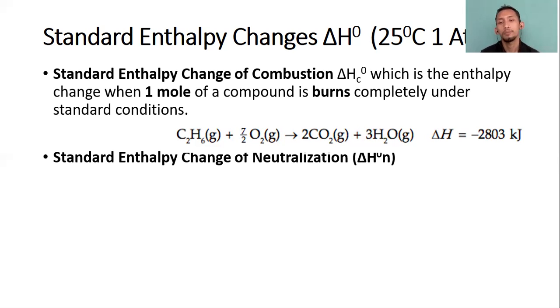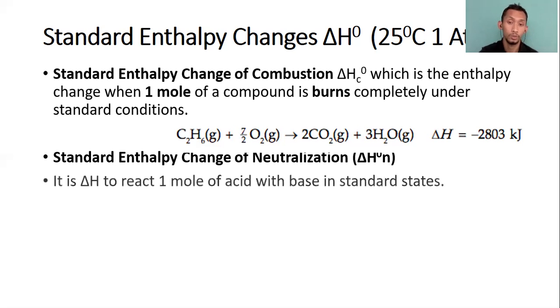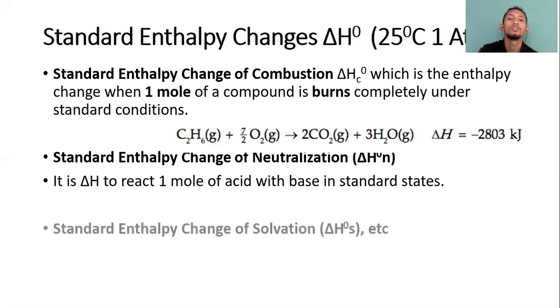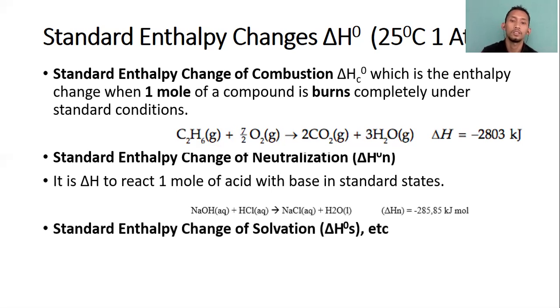Next, standard enthalpy change of neutralization. Neutralization is the process of reacting acid and base to produce salt and water. You can see from the example, there is NaOH as the base and then HCl as the acid.